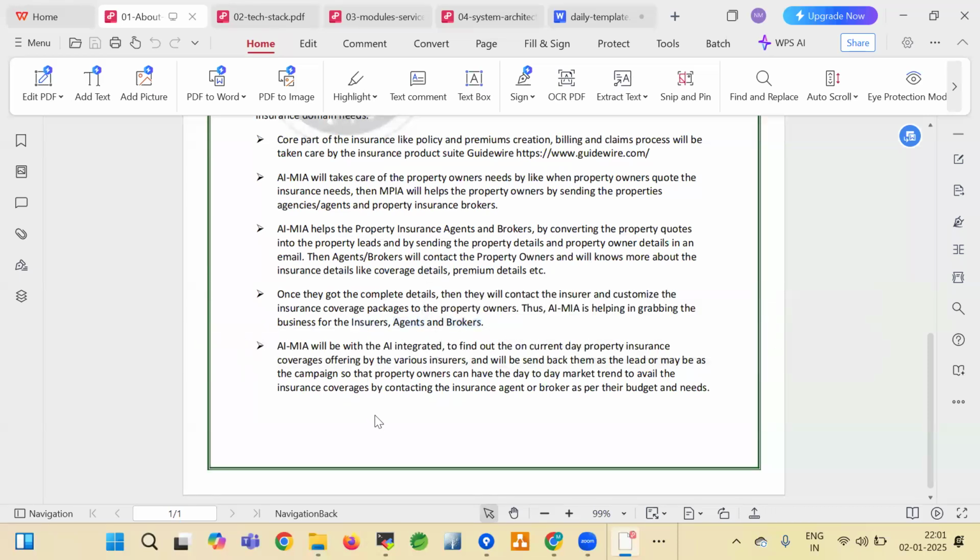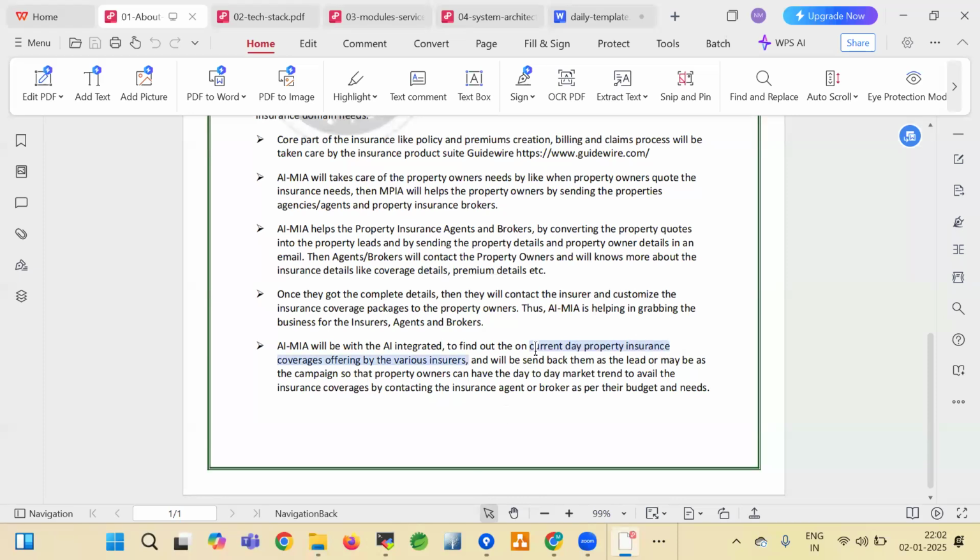So it's grabbing the business for them, and it is making the life of the property owners smoother, right? And here the beauty of our product is what? It is AI integrated. MIA will be AI integrated to find out the current day property insurance coverages offered by the various insurers.